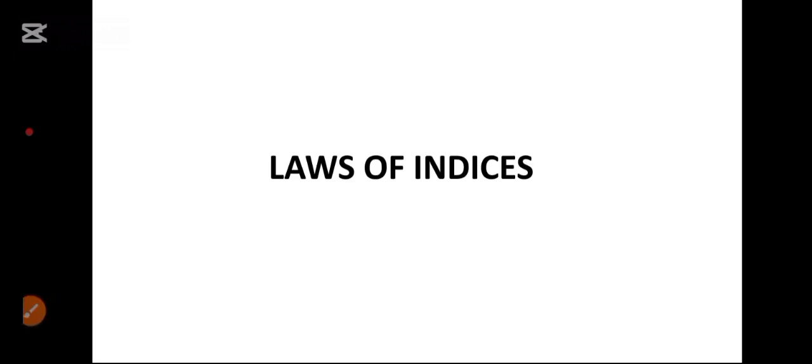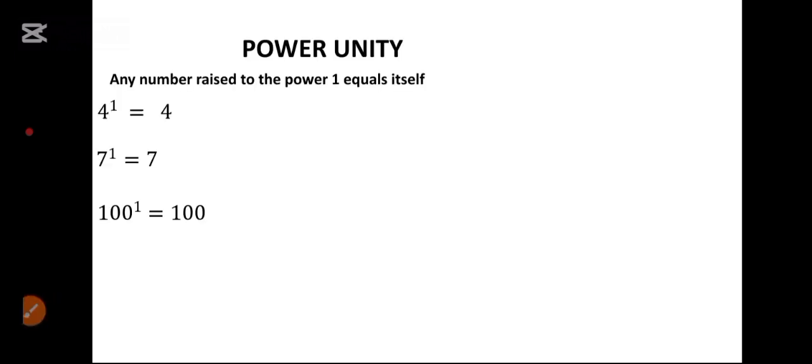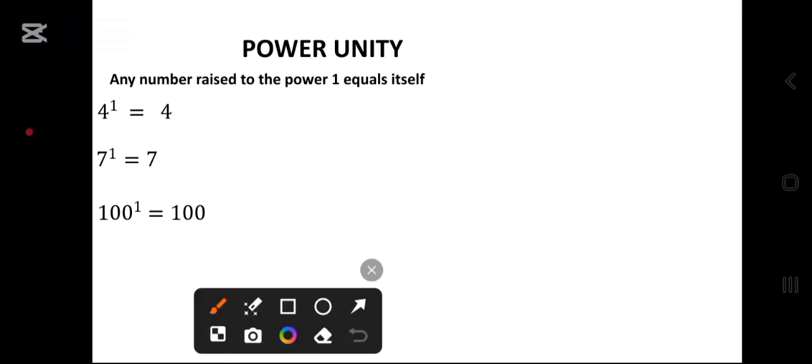Laws of indices. Number 1, we have the power unity law. This power unity law says that any number raised to the power 1 equals itself. For example, 4 raised to the power 1 gives us 4. 7 raised to the power 1 will give us 7.